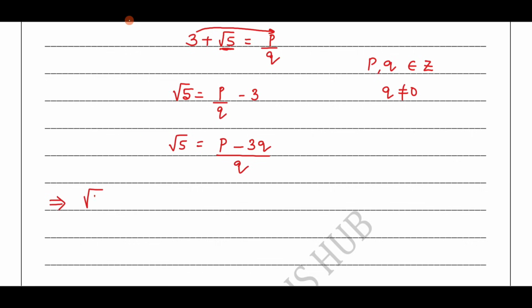From this equation, what we are getting is that root 5 is a rational number, because P minus 3Q by Q is rational.